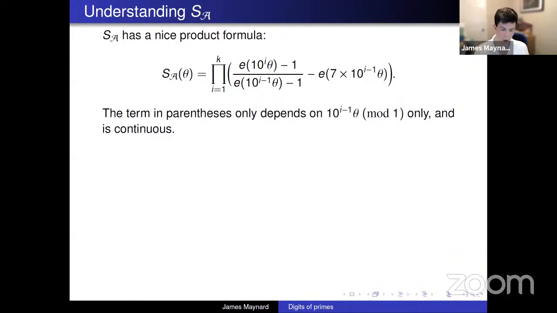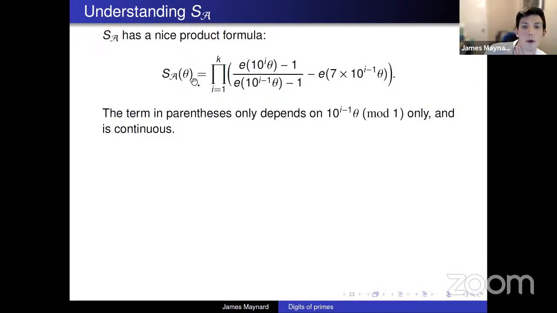So if you want to make further progress, you need to start trying to understand these Fourier transforms of the sets. And the key Fourier structure of the set of numbers with no sevens in their decimal expansion is that it has a very nice explicit product structure.